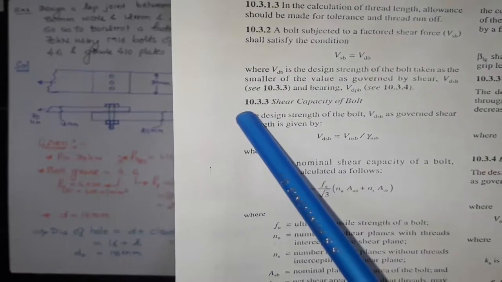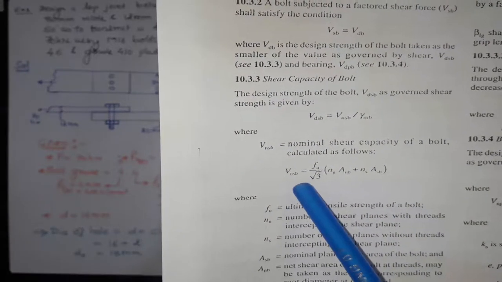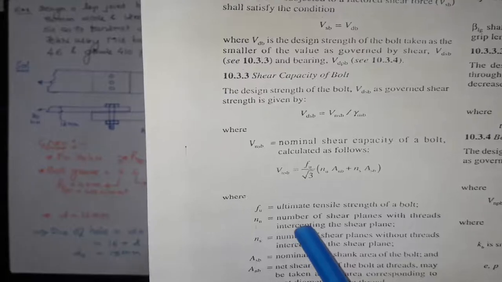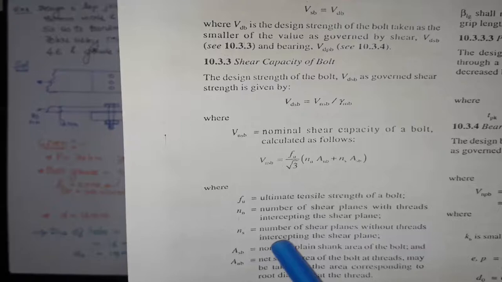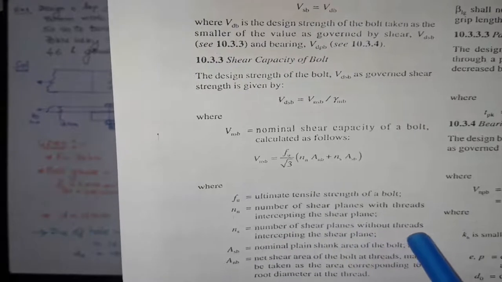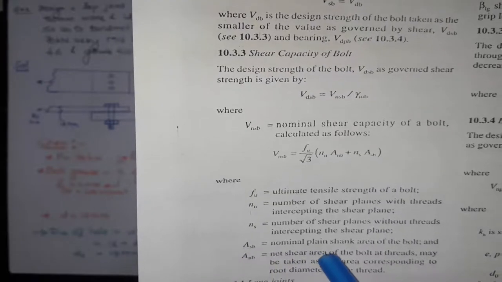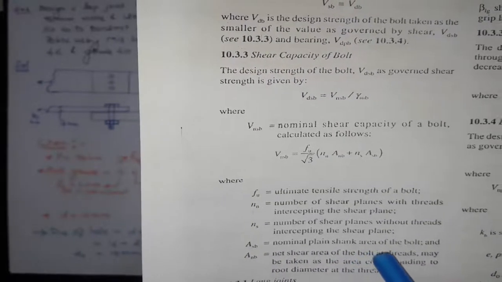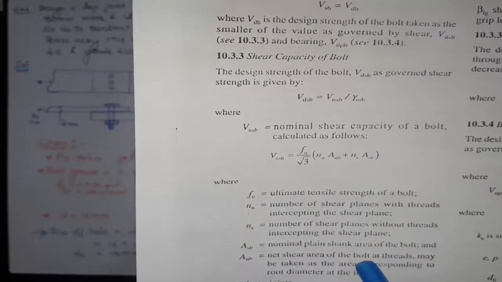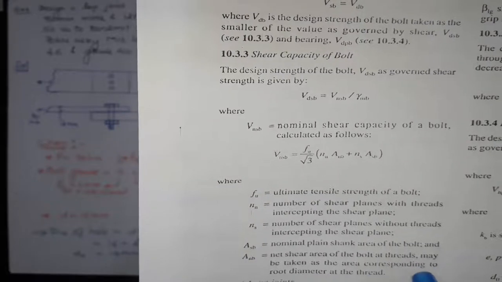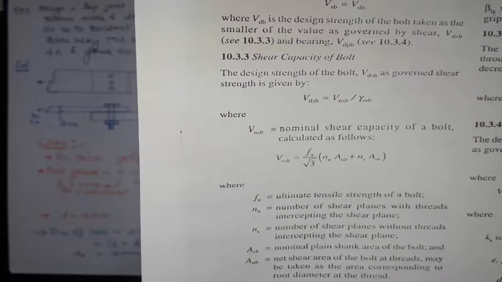Here the applicable clause is 10.3.3 where we are supposed to find Vnsb, where nn is the number of shear planes with threads intercepting the shear plane, ns is the number of shear planes without threads intercepting the shear plane, Asb is the nominal plain shank area of the bolt, and Anb is the net shear area of the bolt at thread, which may be taken as the area corresponding to the root diameter at the thread.